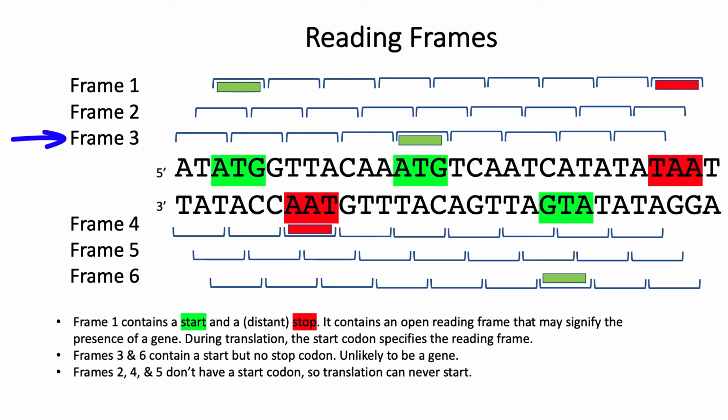In this reading frame, bases 1, 2, and 3 are a codon, bases 4, 5, and 6 are a codon, and bases 7, 8, and 9 are a codon, etc. If, on the other hand, bases 2, 3, and 4 constitute the first codon, then we have reading frame 2 here. Similarly, if bases 3, 4, and 5 are the first codon, then we have frame 1.